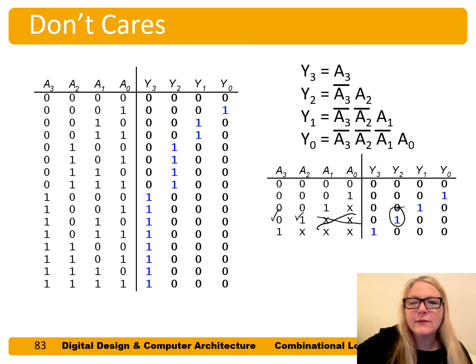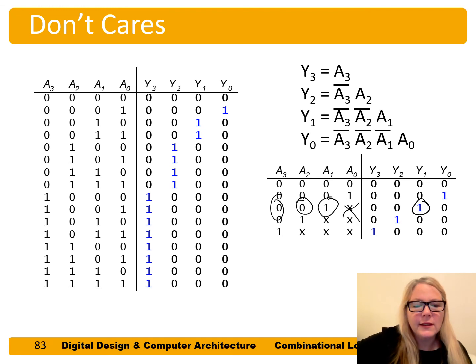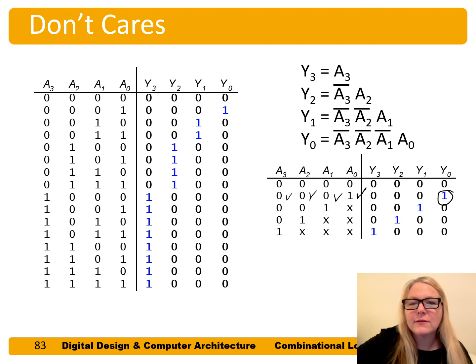We're not even looking at a1 and a0. Those don't affect the output. y1 equals a3 bar and a2 bar and a1. We don't include a0 in our equation. And y0 equals a3 bar and a2 bar and a1 bar and a0. That's the only pure SOP, sum of products form of the equation, that we've talked about before.